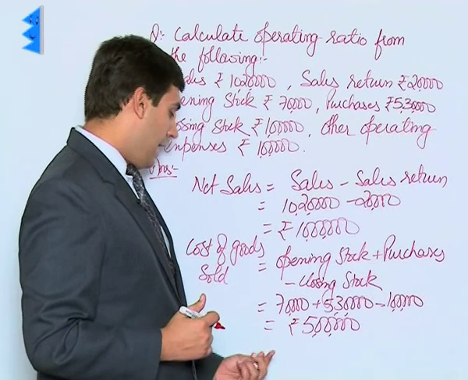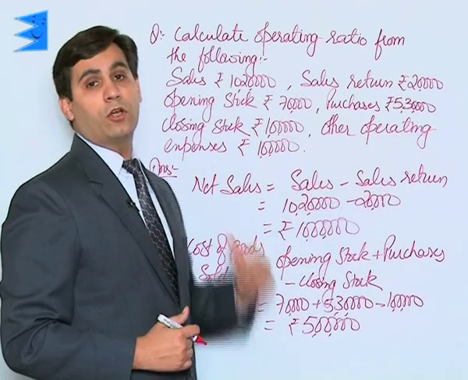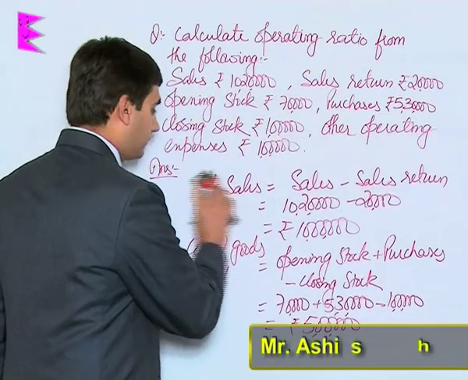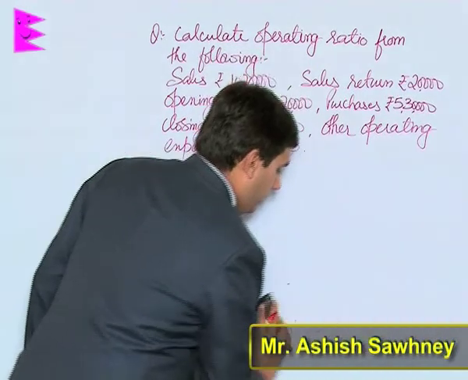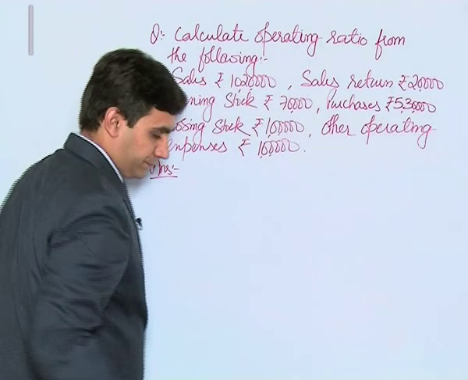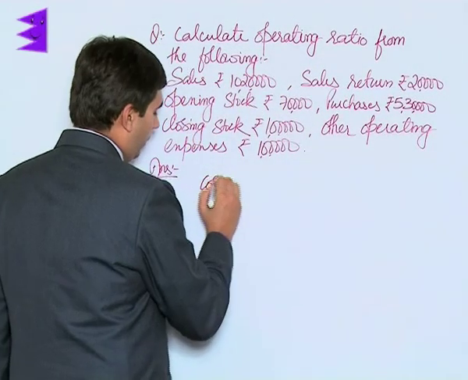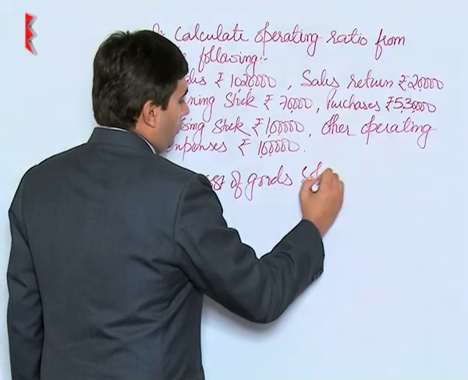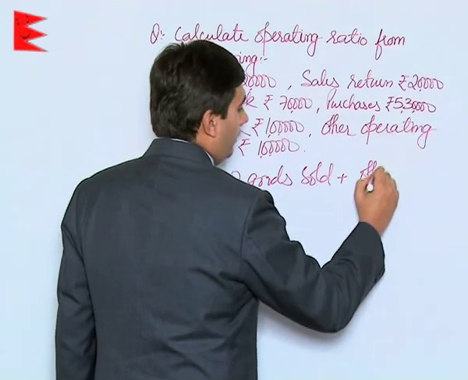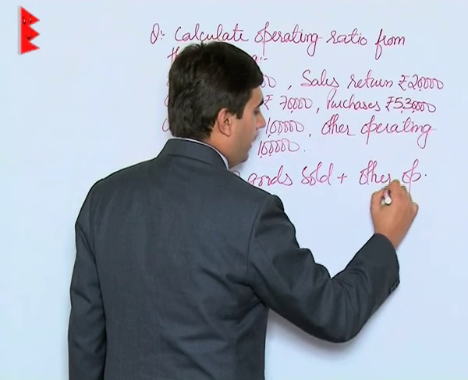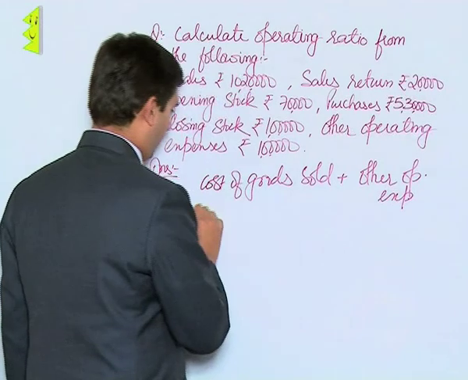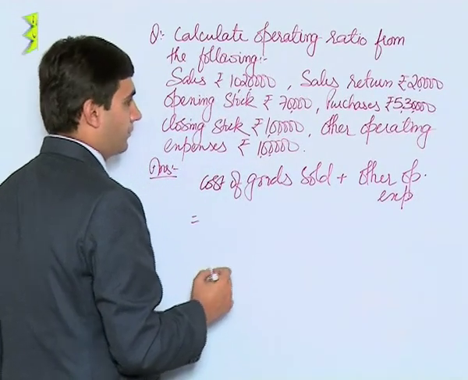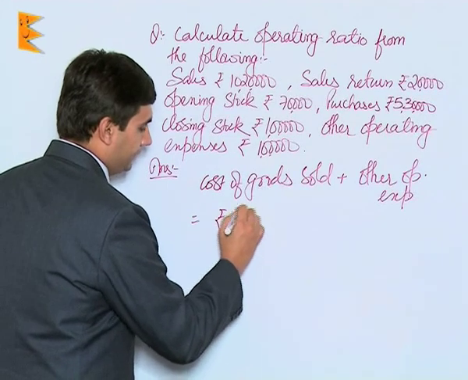That is, we will add cost of goods sold and other operating expenses. Now when we add them, it would be expressed as cost of goods sold plus other operating expenses. The cost of goods sold that we had calculated was rupees 5 lakh.